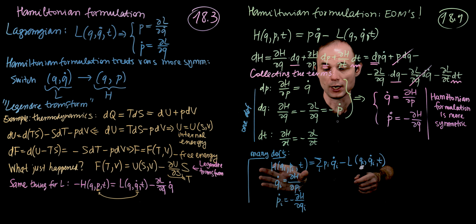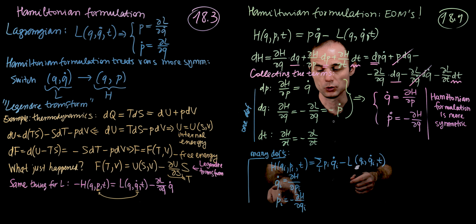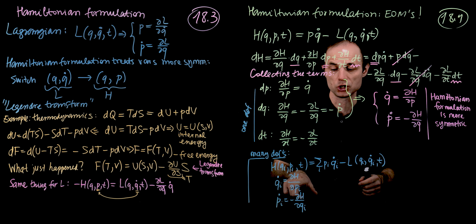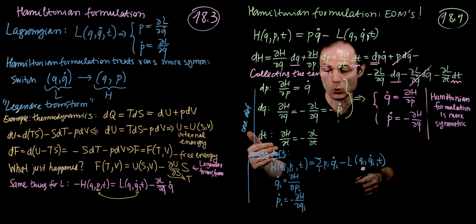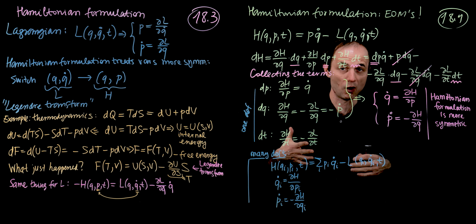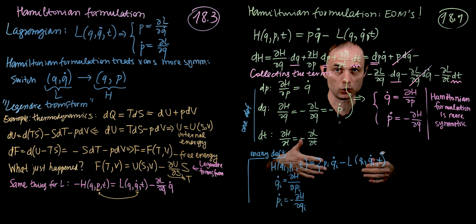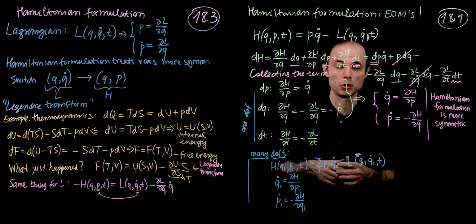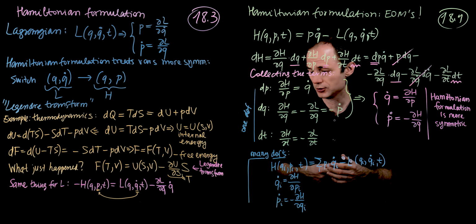So each variable keeps to itself. q_i dot is dH/dp_i, and we repeat that for every degree of freedom, however many of them we have. So i goes from 1 all the way up to the number of degrees of freedom.